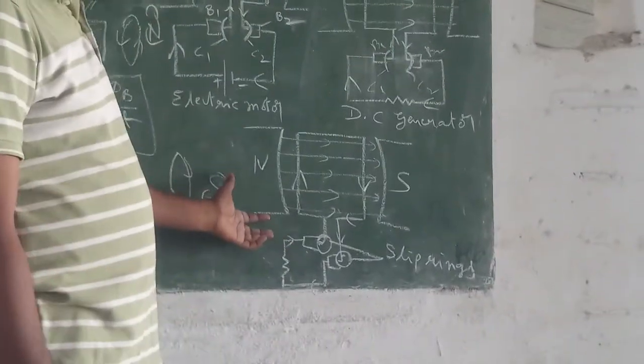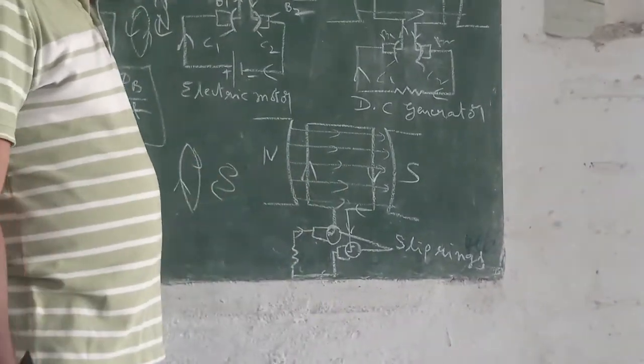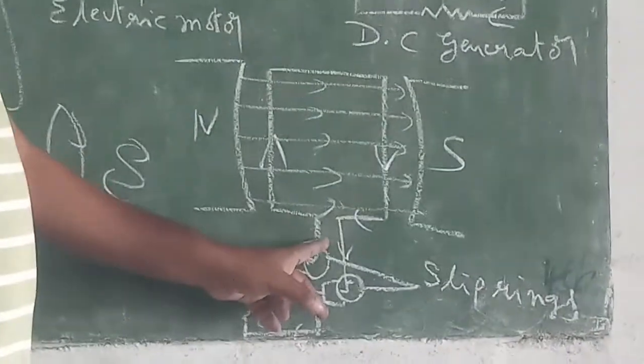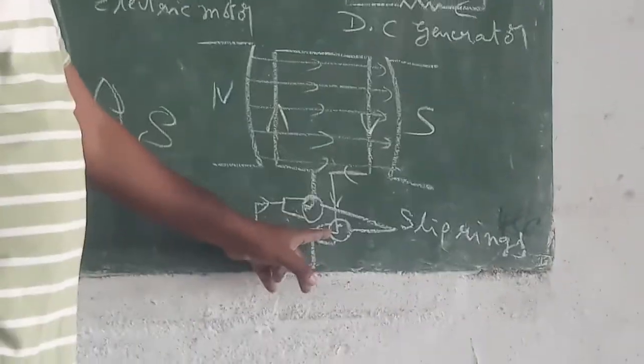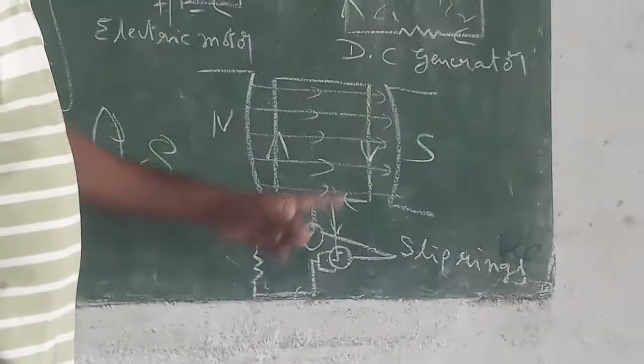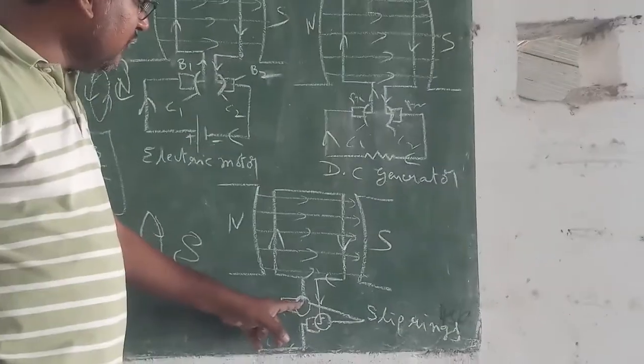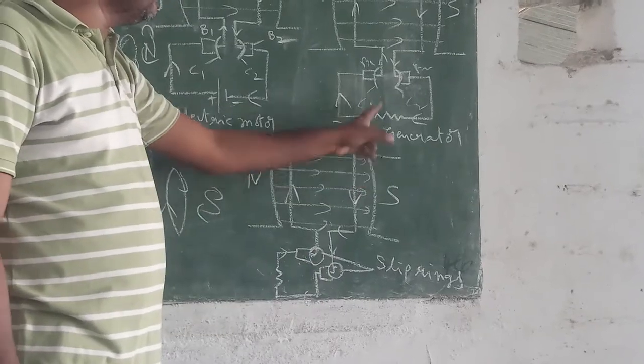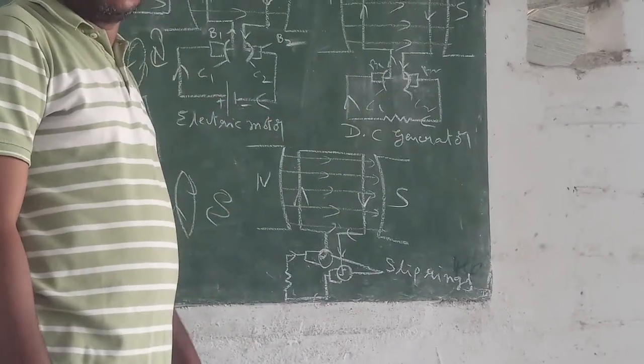Okay, now let's see the AC generator. So here we use two full slip rings. The difference between the DC generator and the AC generator is that in the AC generator we use two full slip rings, whereas in the DC generator we use two half slip rings.